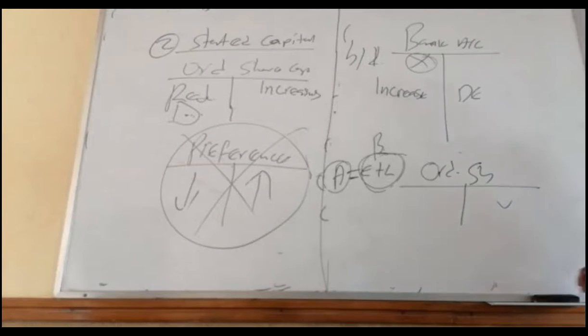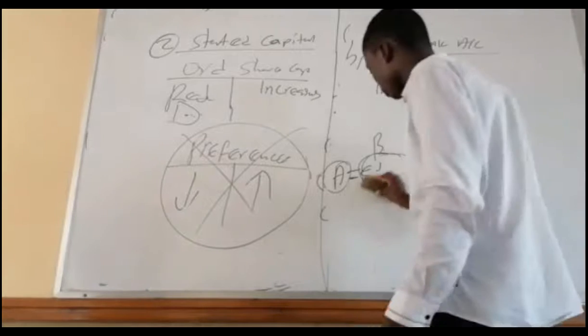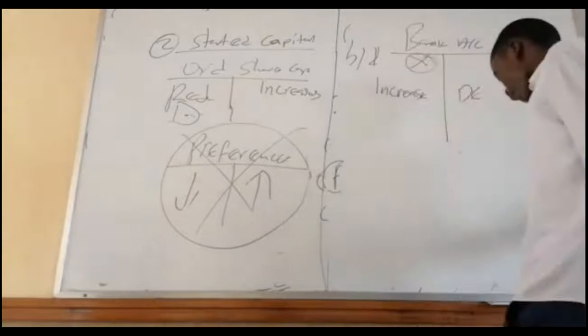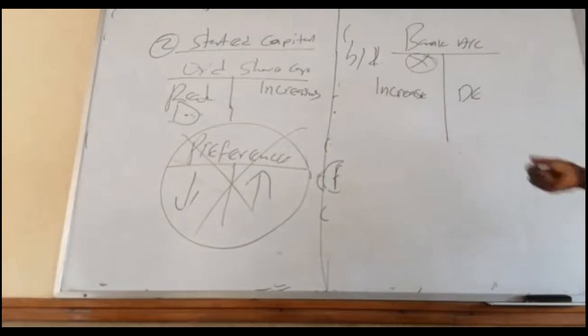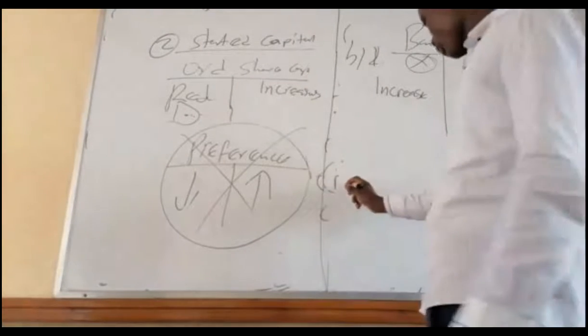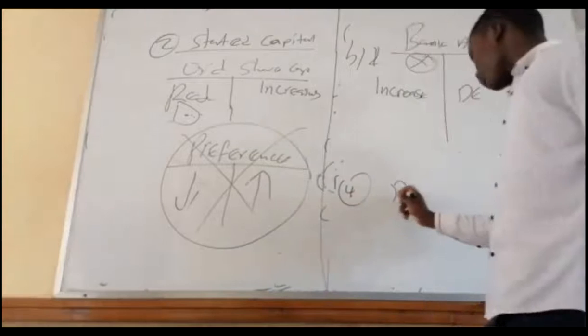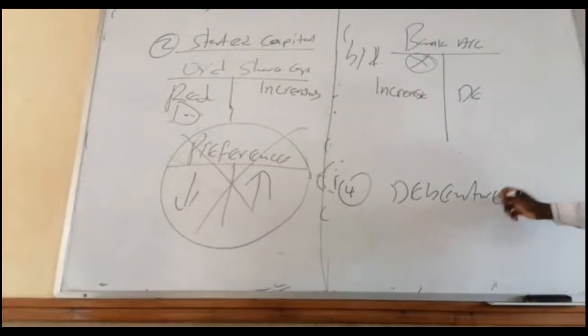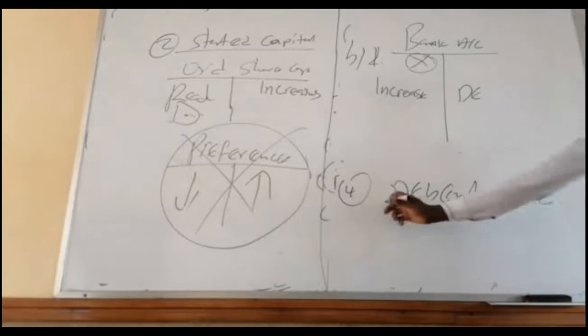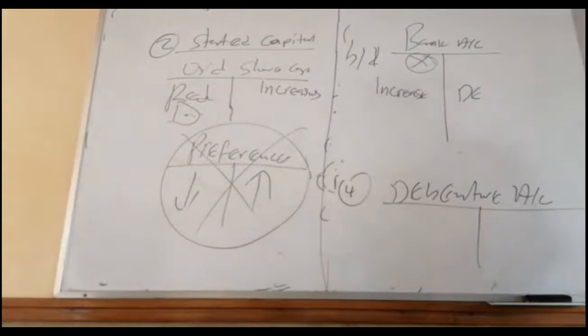Okay. So basically, that is it. Now, at the end of the day, you balance the bank account, send to the new balance sheet. Then item number 4, maybe debenture account or the debt.